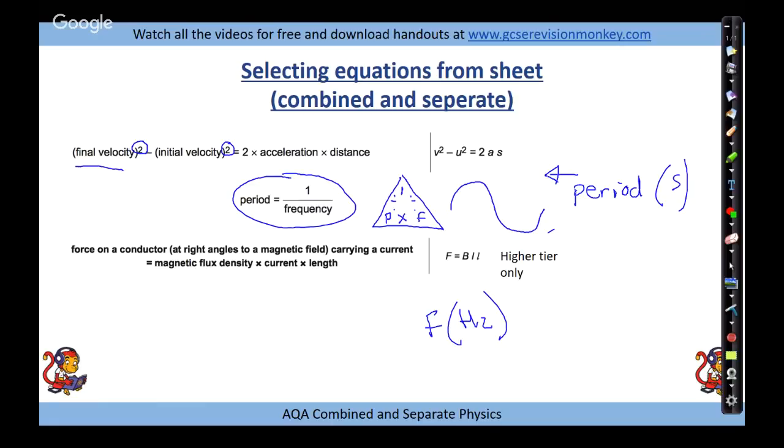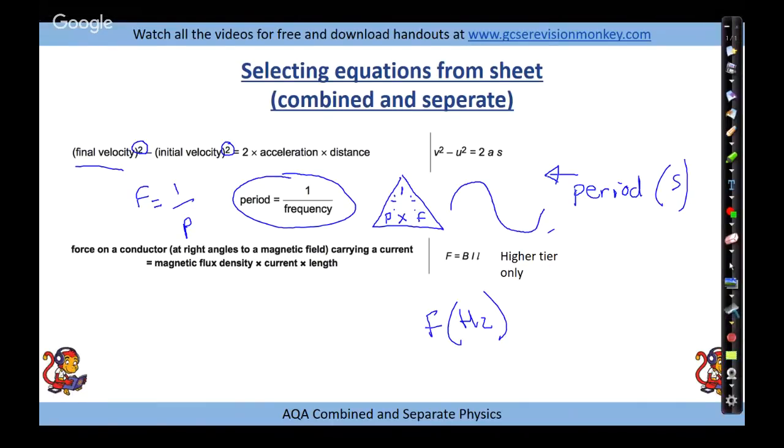So period equals 1 over frequency, frequency equals 1 over period. You would be able to rearrange that yourself in the exam, or just recall it. But don't be put off by the fact there's a 1 in there. That 1 still has to go at the top because it's 1 divided by frequency.